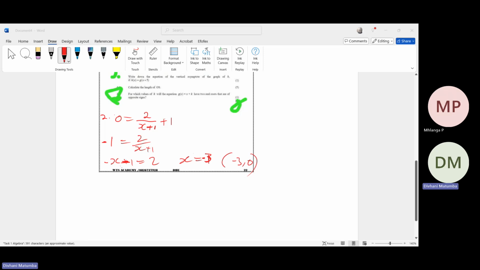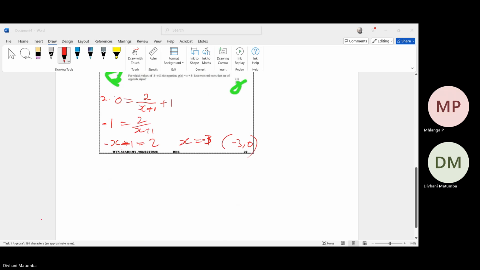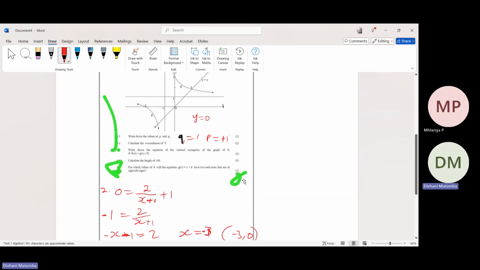You made a mistake initially. So we're going to have h of x equals 2 over x minus 6, plus 1. I agree with you. Do you agree with me on that one?